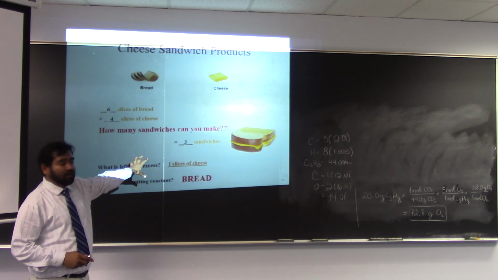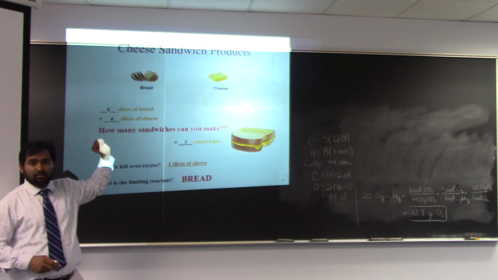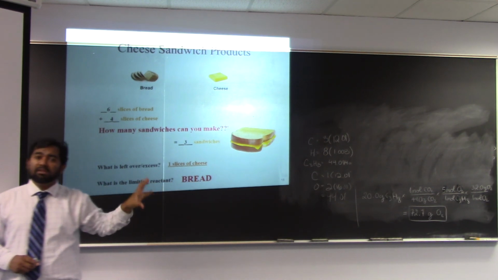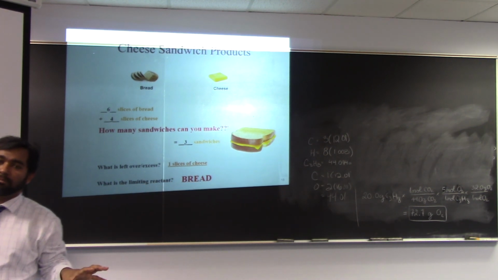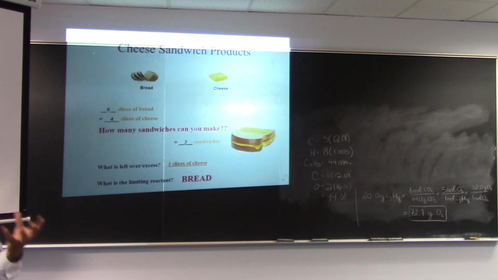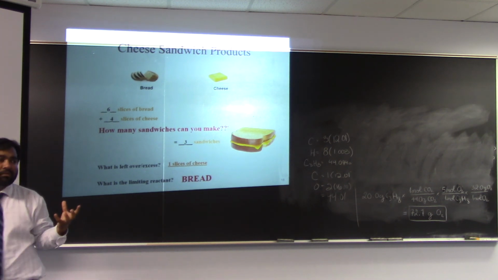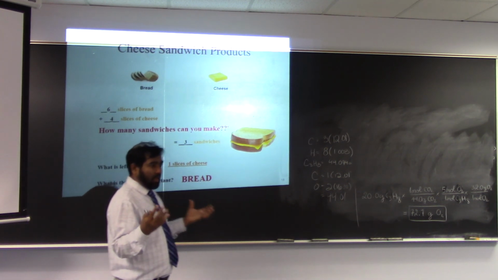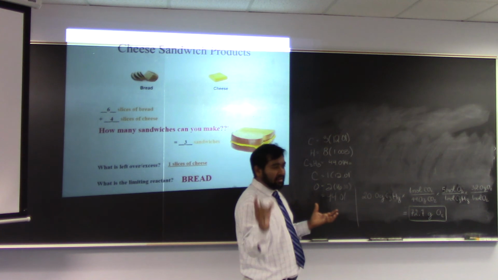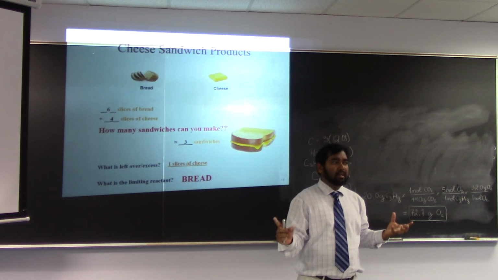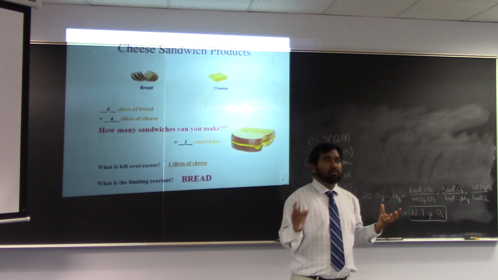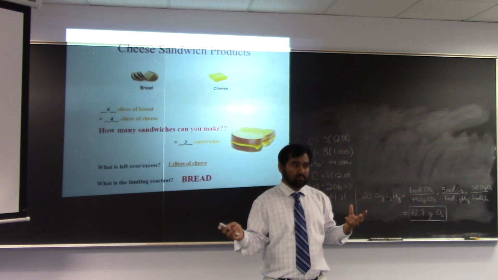You saw the bread. So bread is the one that tells you how many sandwiches you can make. So if you have 2 reactants, you calculate your product, and then look at which one is the limiting one.